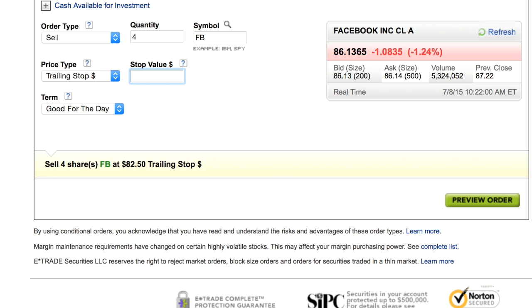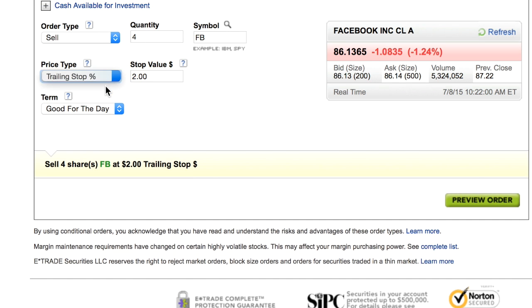But as soon as it turns around and drops more than $2, get me out. So it's not a particular price to get you out. You're saying, as long as it's going up, cool, keep me in there. But as soon as it turns around and drops more than $2 or $3 or $5, whatever your stop value is, get me out. Follow me? That's a trailing stop by dollar.